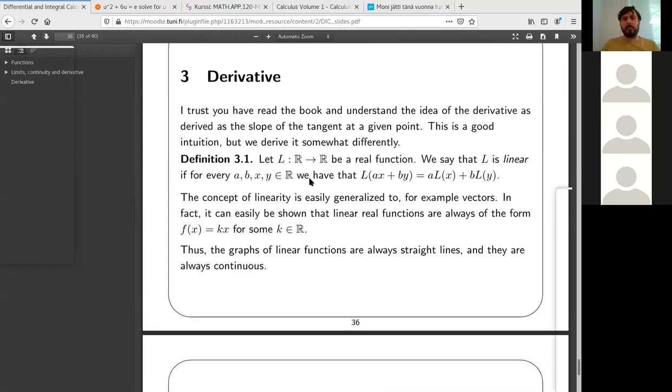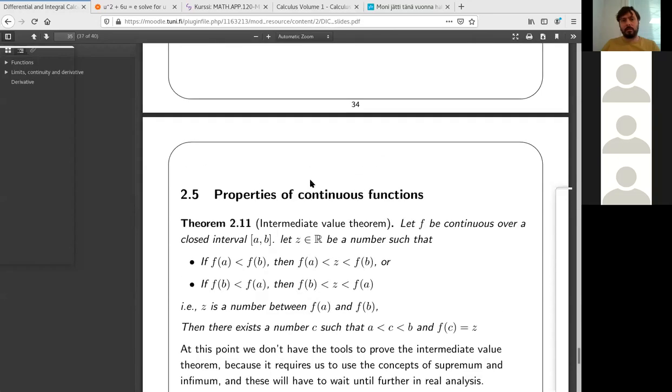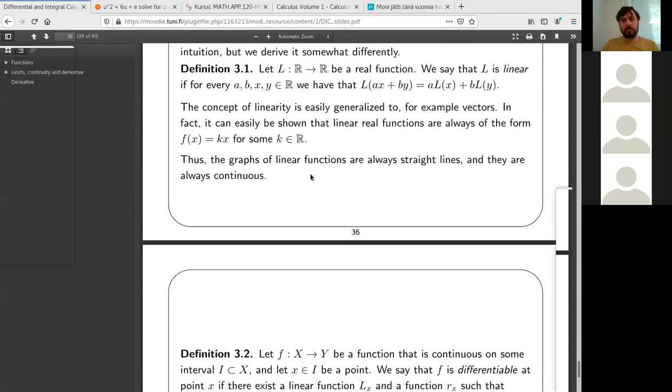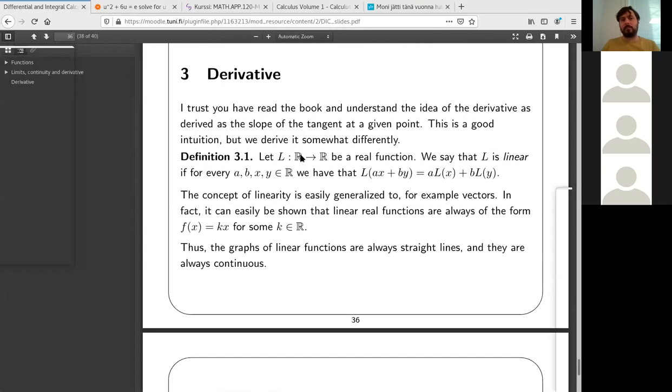This is a real function here, but let's say that we are dealing with some abstract space, and let's say we're talking about functions. The differential operator, or the derivative as an operator, is simply something that takes a function and transforms it into another function.